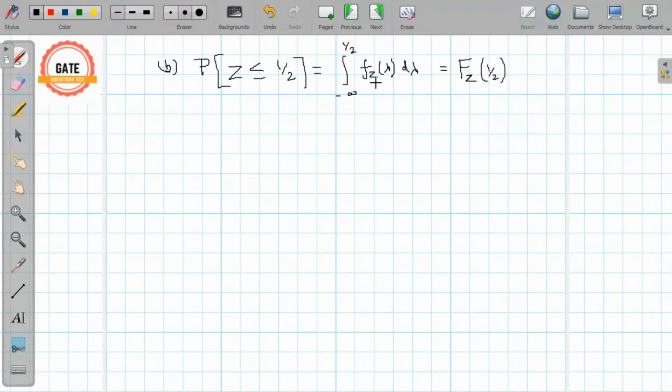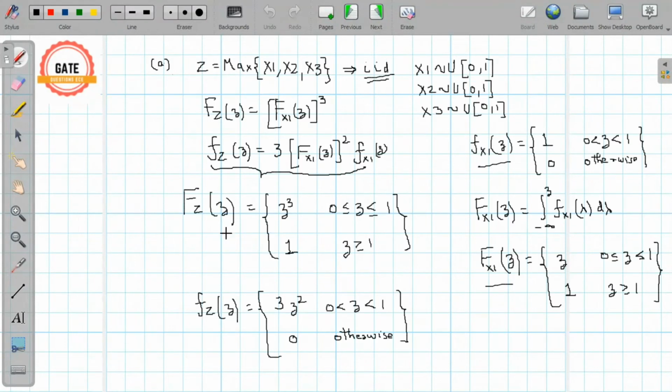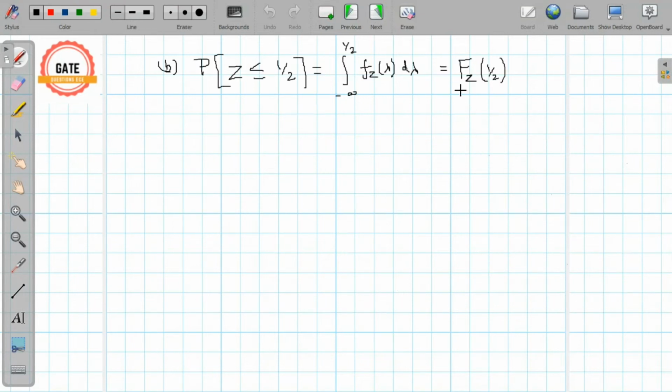So you can use either the CDF formula here or the PDF formula. If you use the CDF formula, by putting Z equal to 1 by 2 in this equation, we get that Fz of 1 by 2 will be equal to 1 by 2 cube. So the answer will be 1 by 2 cube, which is nothing but 1 by 8.